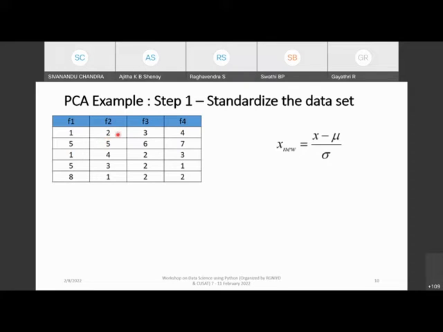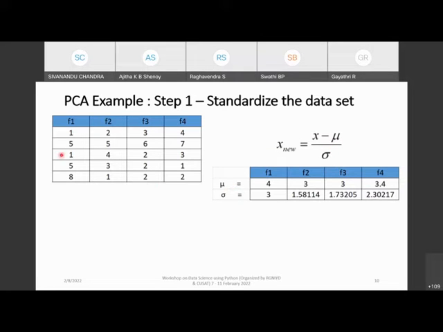Otherwise, suppose the value here is 1000 and the value here is 2. This particular field is going to dominate the second field F2. To avoid that, you are normalizing this data so that all the features will have mean equal to 0 and standard deviation equal to 1. To do that, you are calculating x mu is equal to x minus mu by sigma.